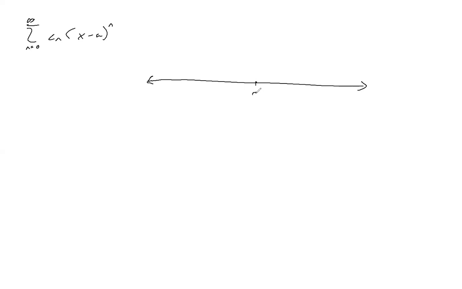It turns out there are 3 possibilities. The series might converge at just a. So it only converges at a, meaning the interval of convergence is just a single point.